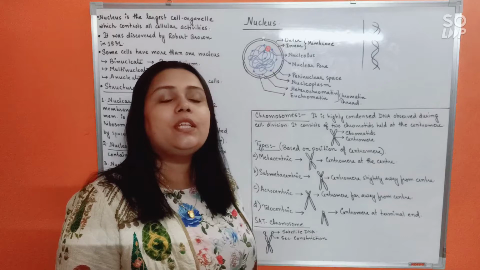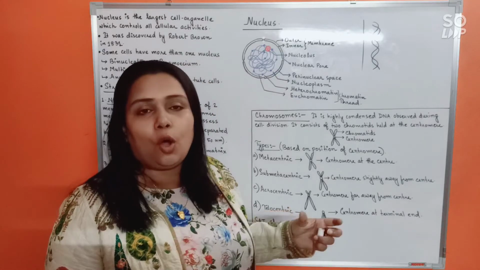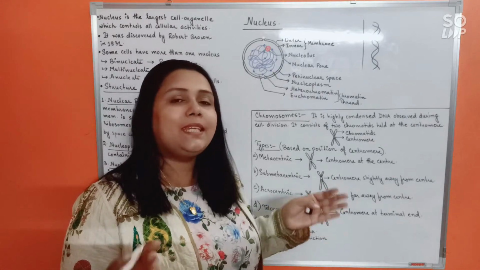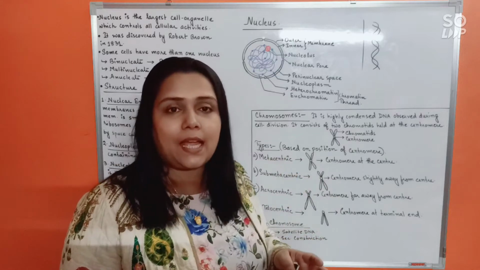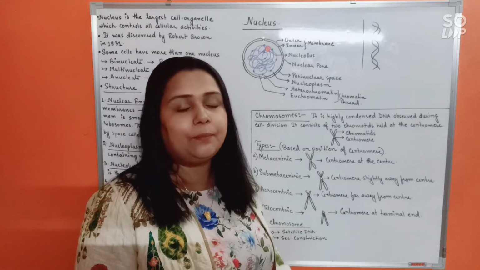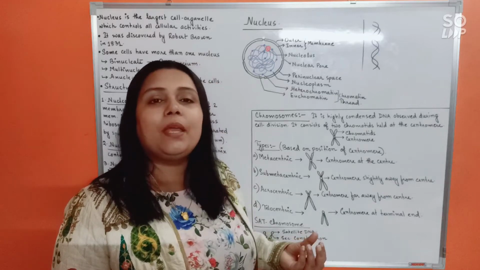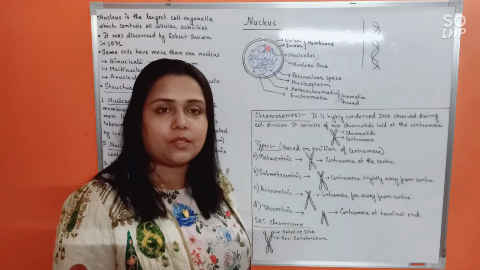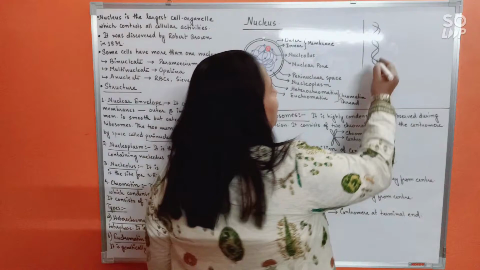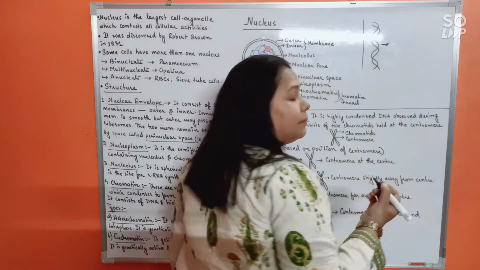So it is so long that to make it remain inside the nucleus, which is so tiny, it has to be packaged. Otherwise, it cannot remain contained inside the nucleus. So we need to package the DNA, isn't it?